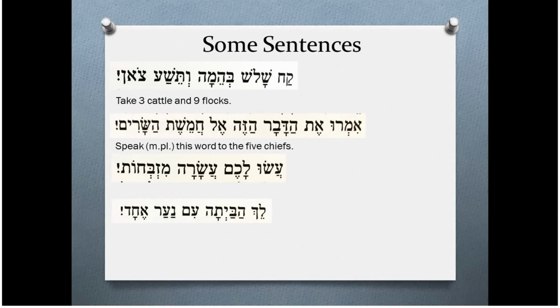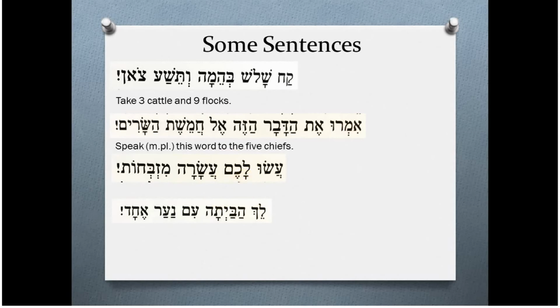Okay, next sentence. Asu lachem asara mizbechot. Okay, let's start taking this sentence apart. Lachem, do you recognize this? Well, this could be a little bit tricky. This is the lamed plus the chem, and chem is the second masculine plural pronominal suffix.